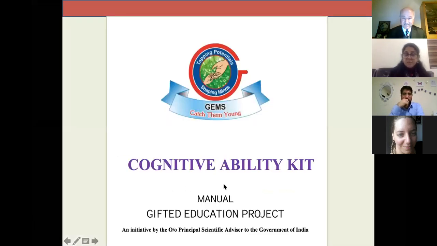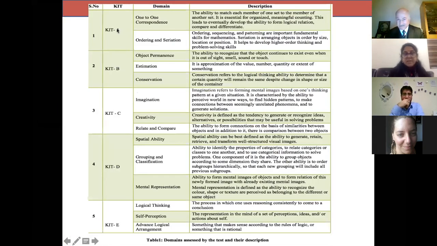So this is basically the cognitive ability kit, and these are the criteria. So kit levels A, B, C, D, E, 5 levels in increasing level of difficulty. So one-to-one correspondence, ordering, seriation, the important cognitive milestones, and how students are responding to this.